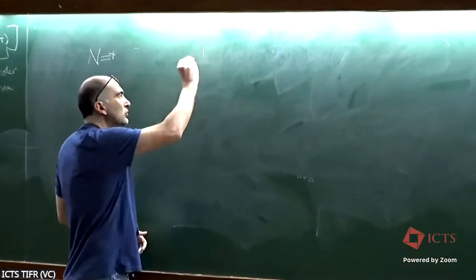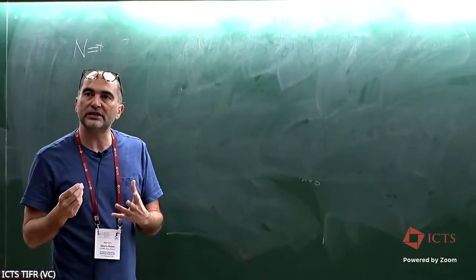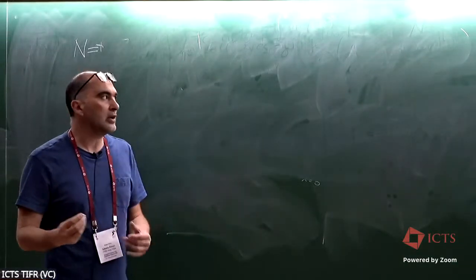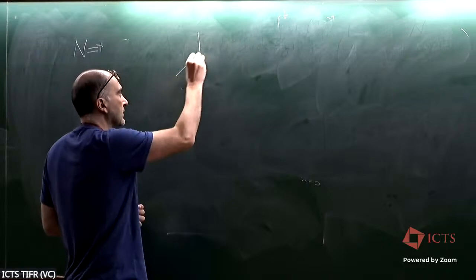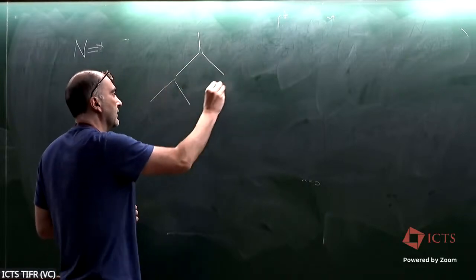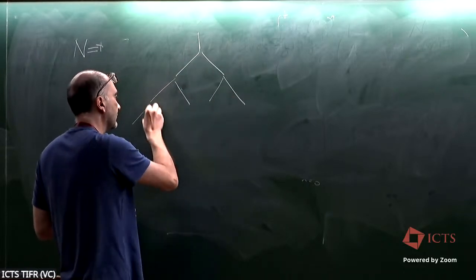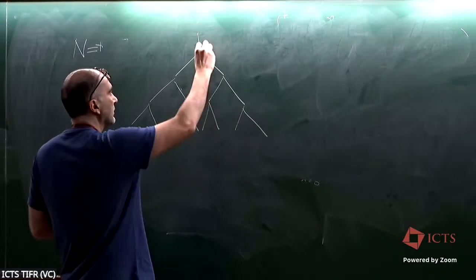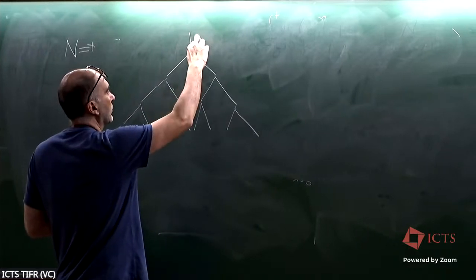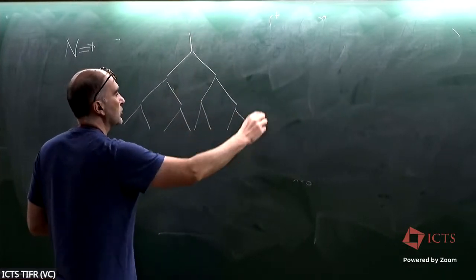So to define well the n equal to infinity, you define the directed polymer on a Cayley tree. So you change lattice, okay? You have a lattice like this. So this is 1, 2, 3, 4 generations.